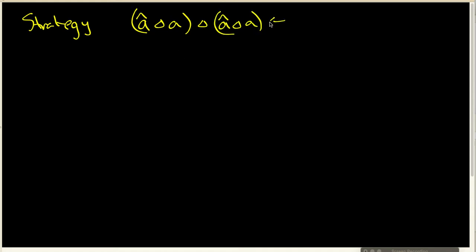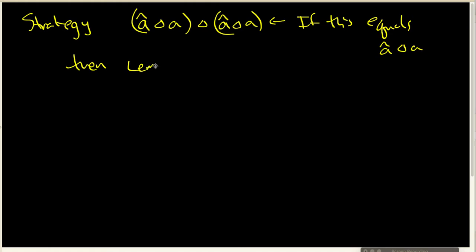And if this turns out to be itself, then lemma 1 kicks in and says that this element is actually equal to the right identity, and so our right inverse is also a left inverse.